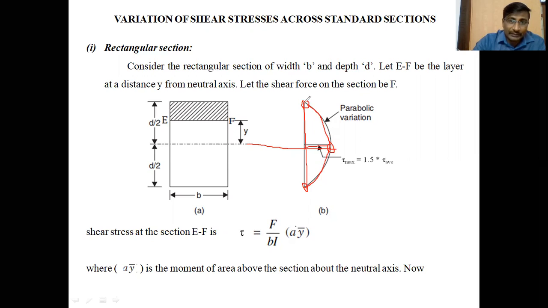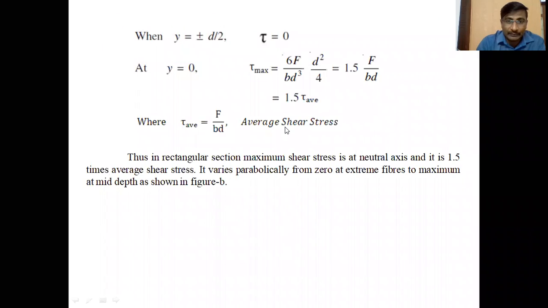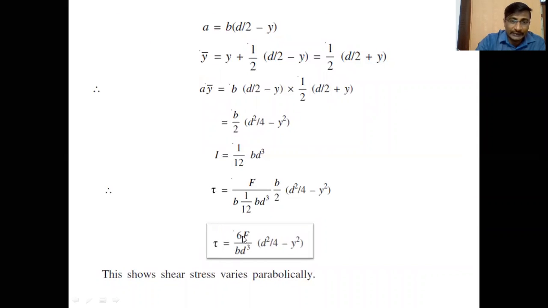Why is it called a parabolic curve? Why is it not a straight line like this? Because the shear stress varies across the section based on y, and it depends on y square. That's why it becomes a parabolic curve. From the formula we get that shear stress depends on y square.